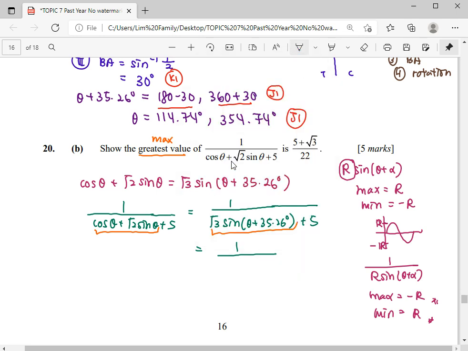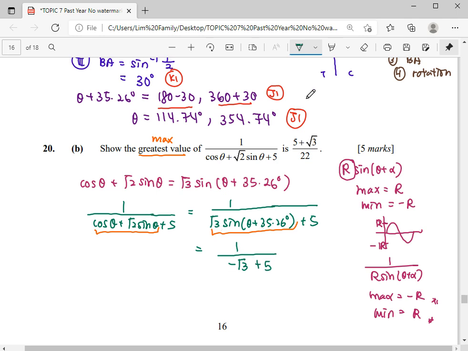So the greatest value here will be negative square root 3 for this part. The whole sinusoidal part, the maximum, the inverse. So negative, maximum becomes minimum, minimum becomes maximum. So maximum here will become negative square root 3, and we have a value at the back here, plus 5. So this is our greatest value.